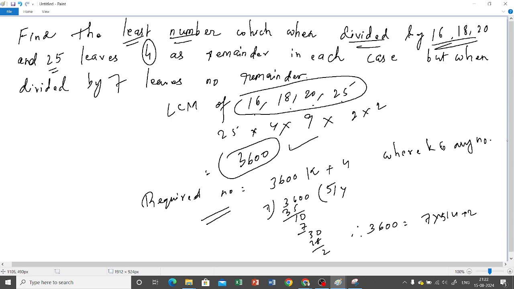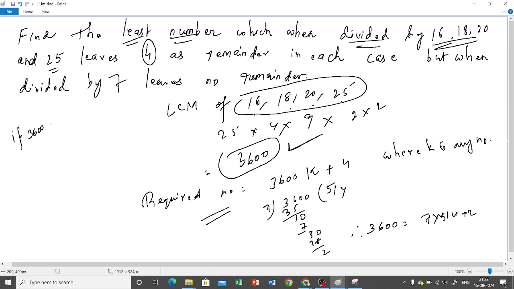Now see, try to understand one thing: if 3600 is the LCM of 16, 18, 20, and 25, any multiple of 3600 will be divisible by 16, 18, 20, and 25. Yes or no? Right, tell me. Yes, sir.